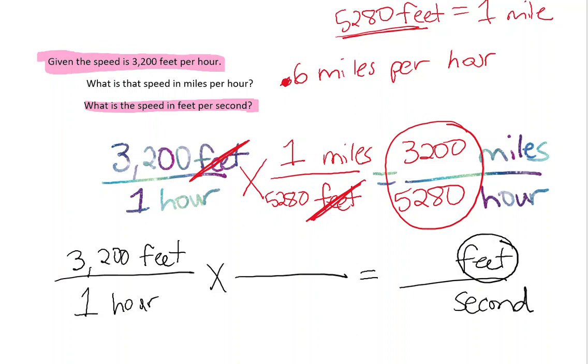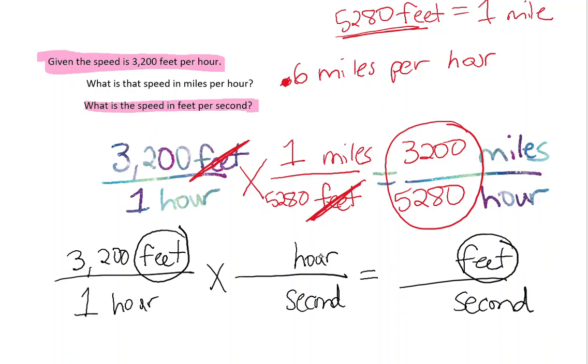We already have feet on top, so there's nothing we need to do to change the units of the numerator. The units of the denominator changed. We want seconds on bottom, which means we're canceling hours. Since hours started on the bottom, it needs to be on the top so that it cancels out.